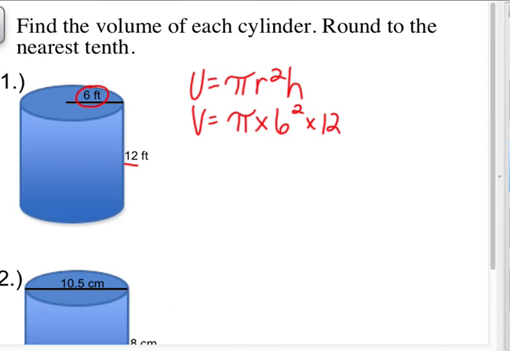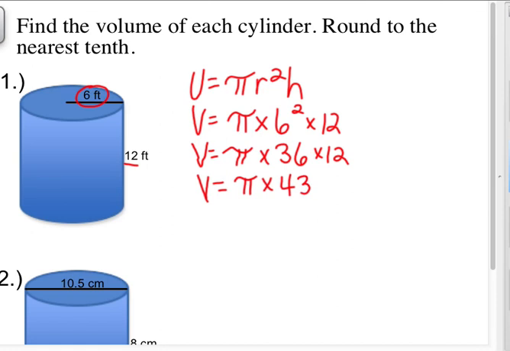So, on my calculator, I'm going to do the exponent first. 6 squared is 36. Now, also using the calculator, I get 432.